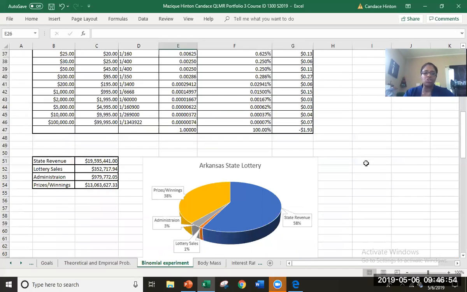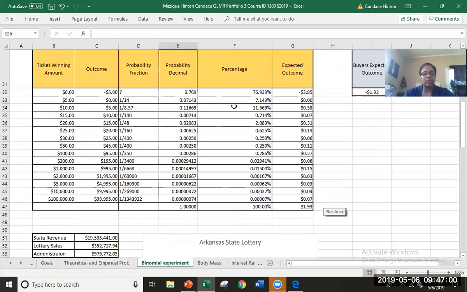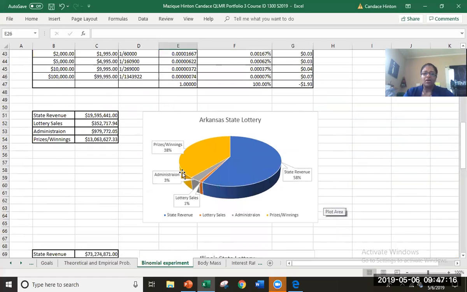But as you can see in my charts here, this is the breakdown that we did with Miss Benzie, and it just basically tells you what happens if they don't win anything: they lose $3.85. This is the breakdown that I did with Arkansas State Lottery.